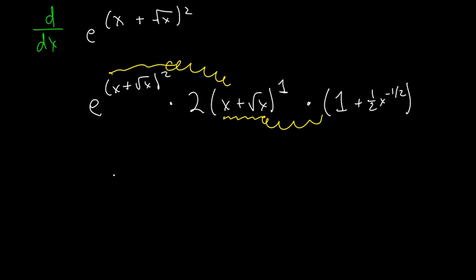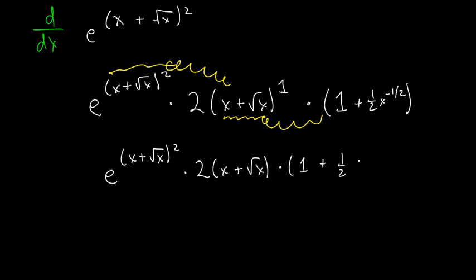And there you go. So let me just clean this up a bit. The derivative is e to the x plus square root of x, that quantity squared, times 2 times x plus square root of x, times 1 plus, and I'll just rewrite this the way we did in a previous video, square root of x over x. And remember how that trick goes.